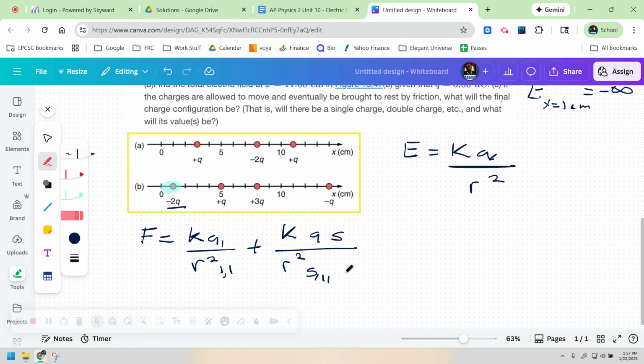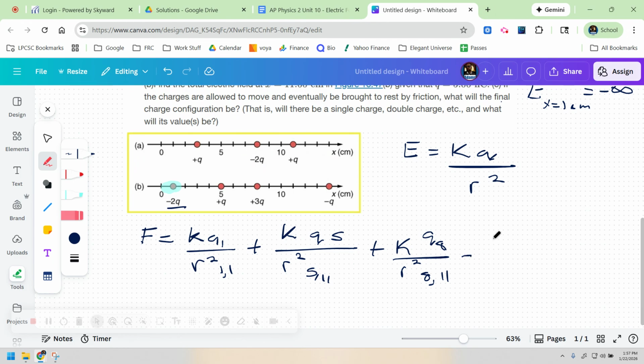And then your next one would be positive K Q8, and then the distance between 8 and 11.